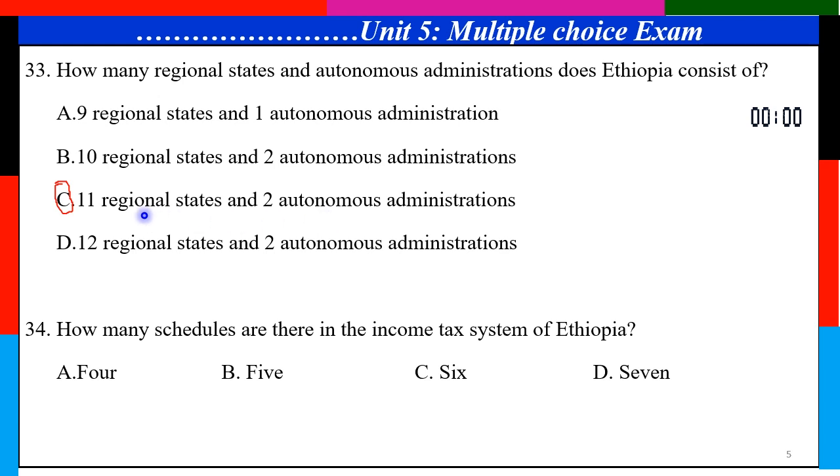These 11 regions are the oldest regional states, and the new ones were added at present, such as Sidama regional state. So around it is 11. But there are more than 11. Nowadays it is around 12. Yes, 12 regional states and 2 autonomous administrations exist in Ethiopia nowadays, in reality.